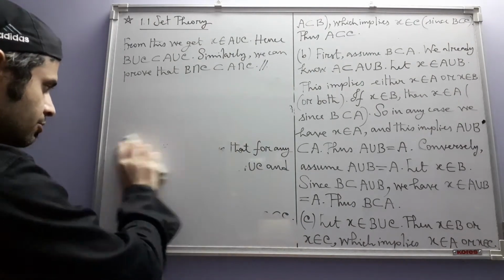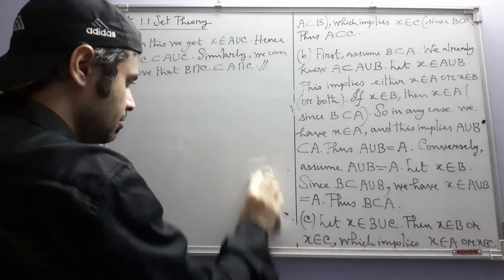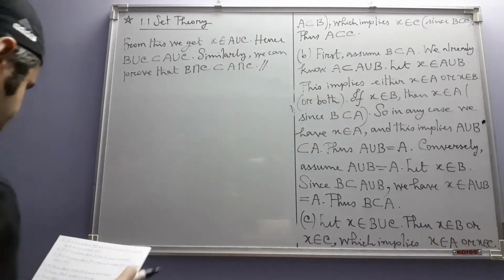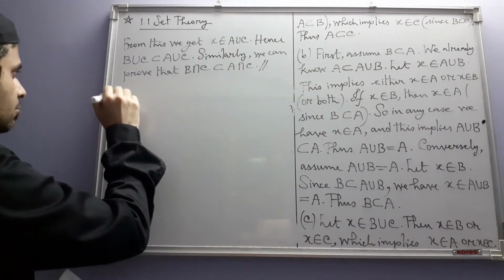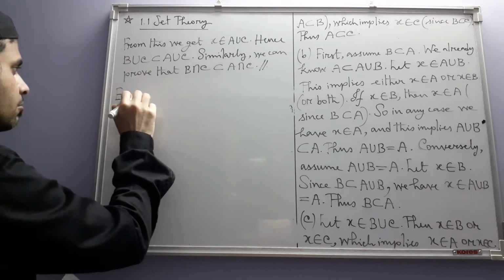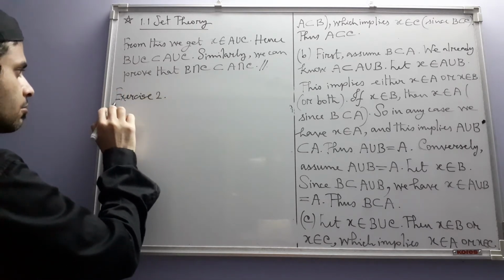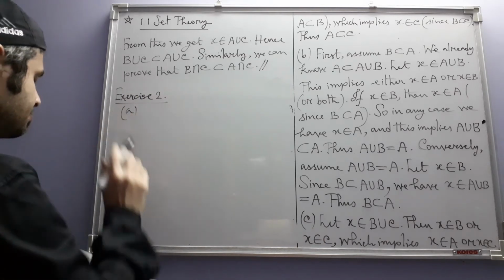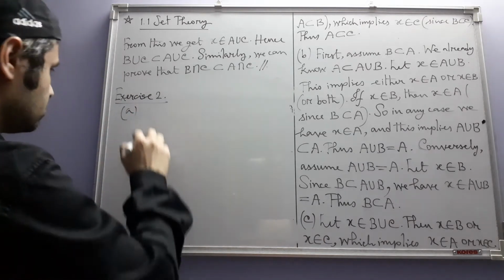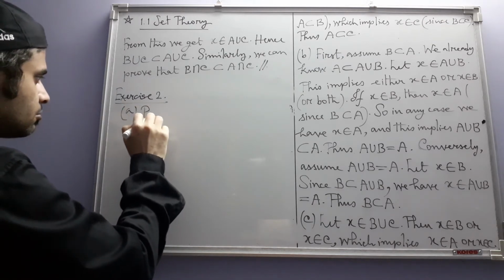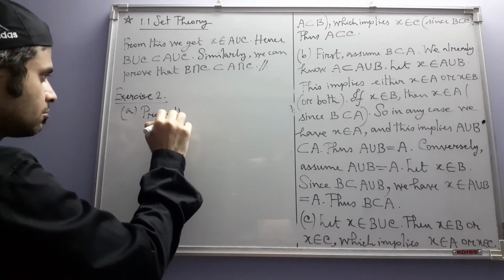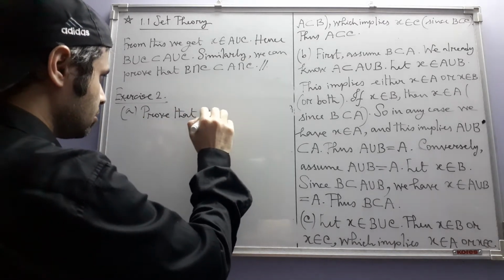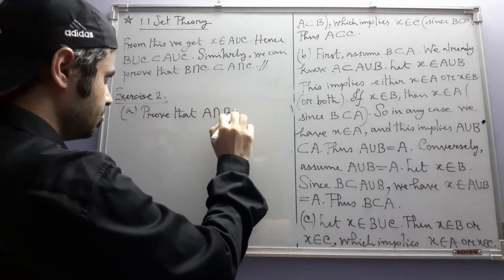So now we move on to exercise 1. Now we move on to the second one. This one also has parts. Prove that these are especially easy.